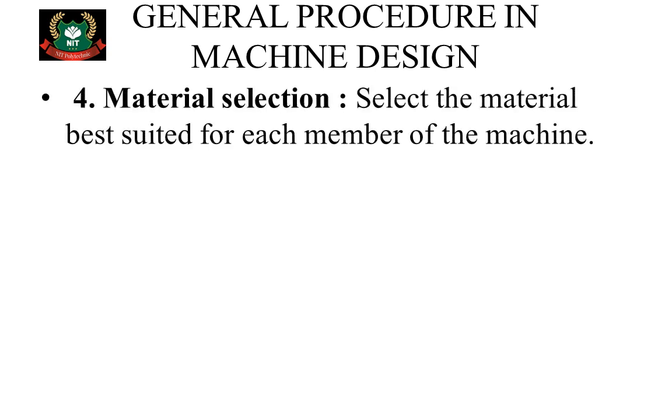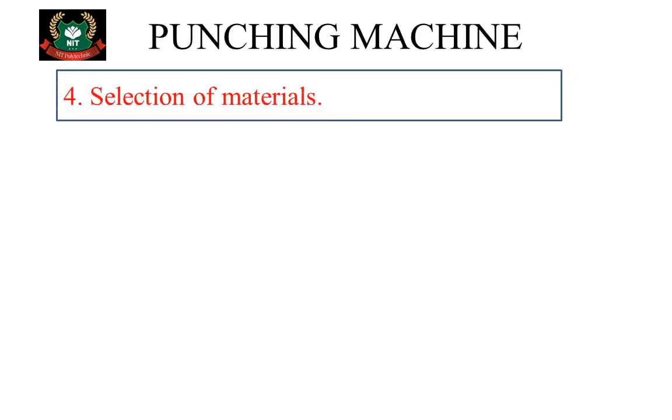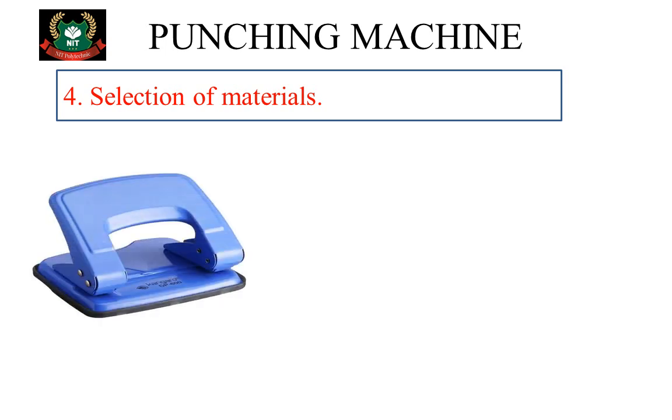Now the next step in machine design is material selection for each member in the machine. The figure shows the punching machine in which there are different parts like punch, lever and collection tray.